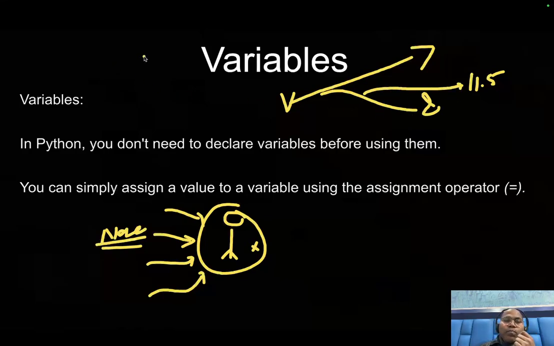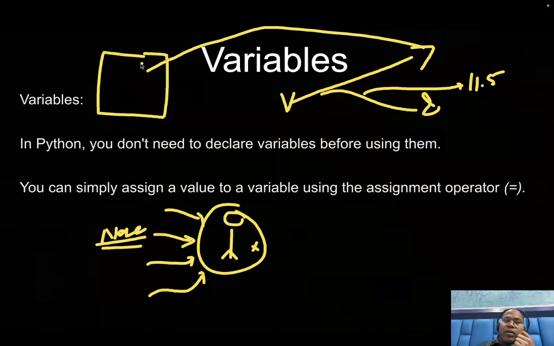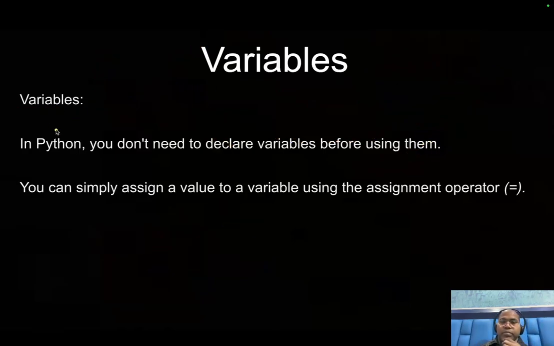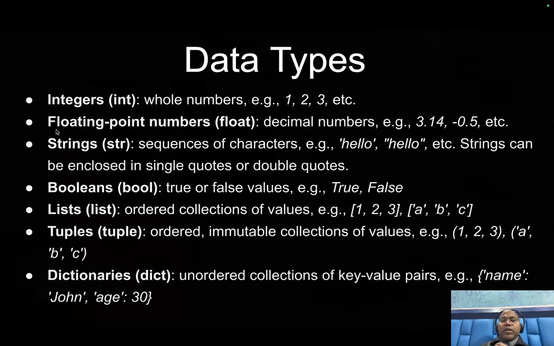That means a simple container where I can put the value 7, or sometimes 8, or sometimes 11. So this is a container that can hold the value. That container name is the variable. As we discussed, the variable is the container that holds the value.